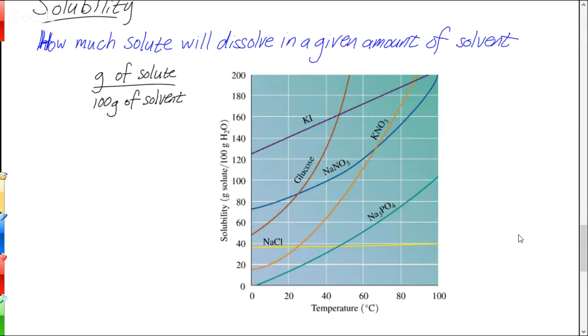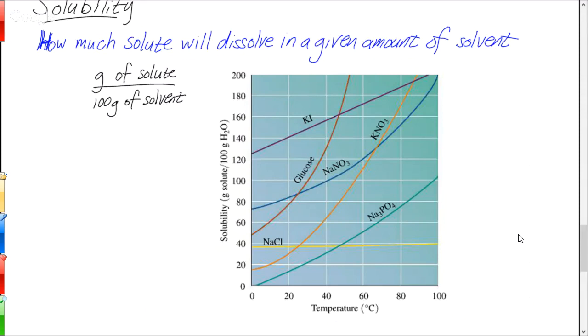All right, so here is a chart of the solubility, how much solute will dissolve in a given amount of solvent versus temperature. And what you see is for all of these solutes that are listed, as the temperature increases, more of it will dissolve in the same amount of water.